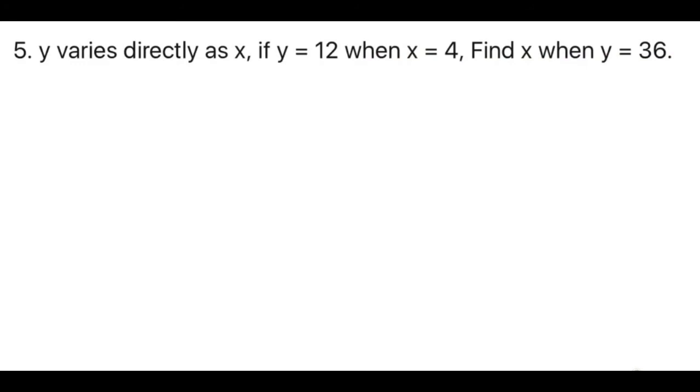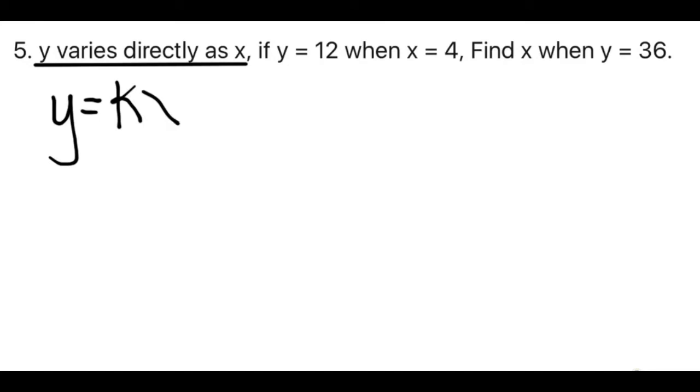Y varies directly as x. If y equals 12 when x equals 4, find x when y equals 36. So, again, we need to translate first this statement. So, if we translate that, it would be y equals k times x. And then, we need to substitute this first given.